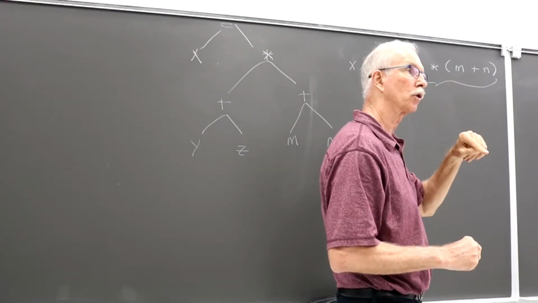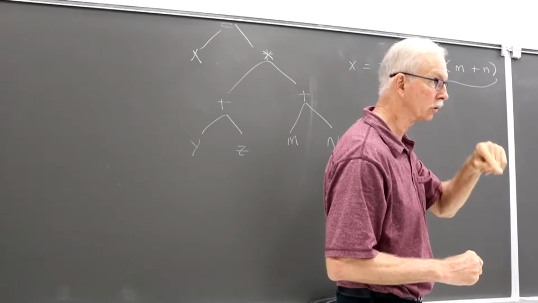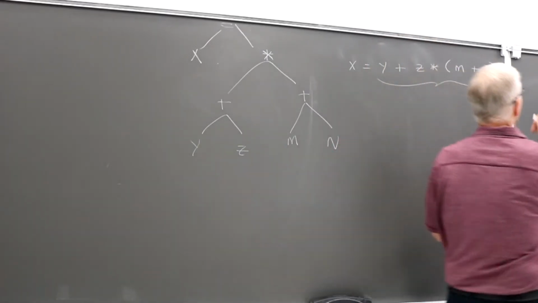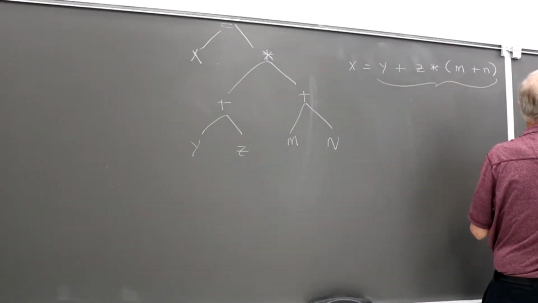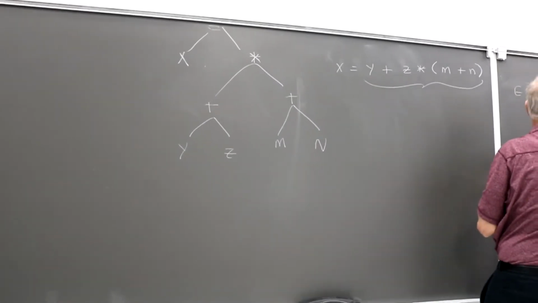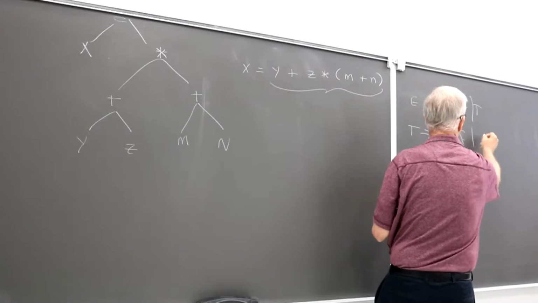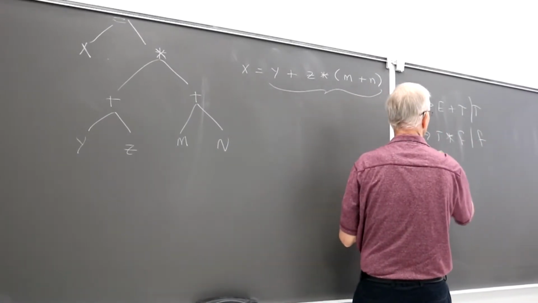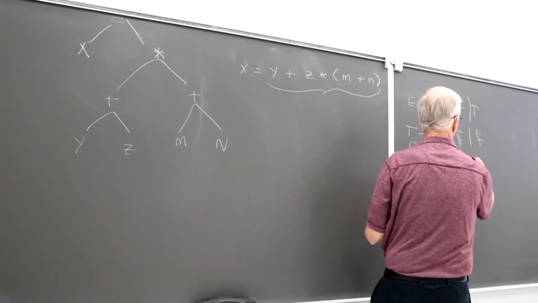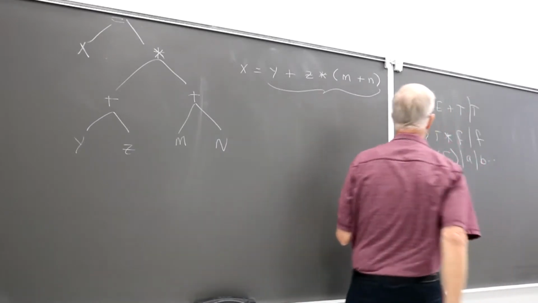Our grammar and your C- grammar, our grammar of E goes to E plus T or T goes to T star F or F goes to paren E paren or A or B or whatever.